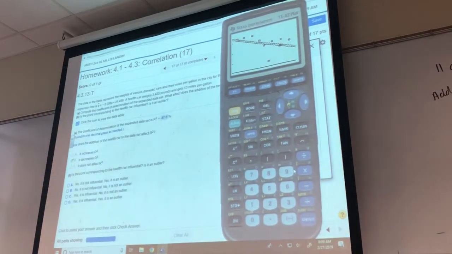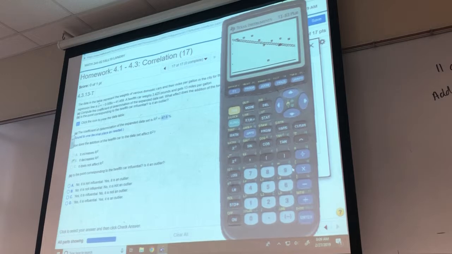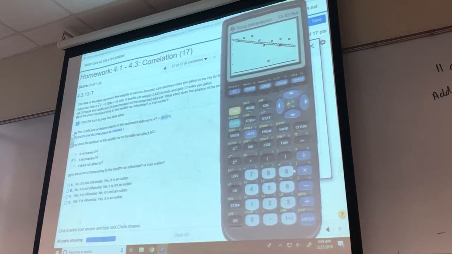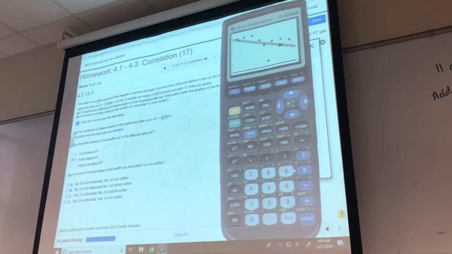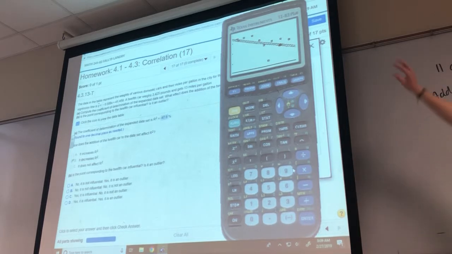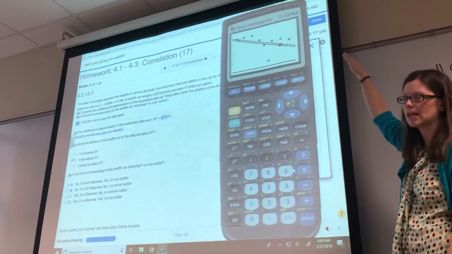And now if you look at the graph of those two lines, they're really, really close together. Wondering why that line went up. That's strange. But if you look at the two lines, they just shifted slightly.